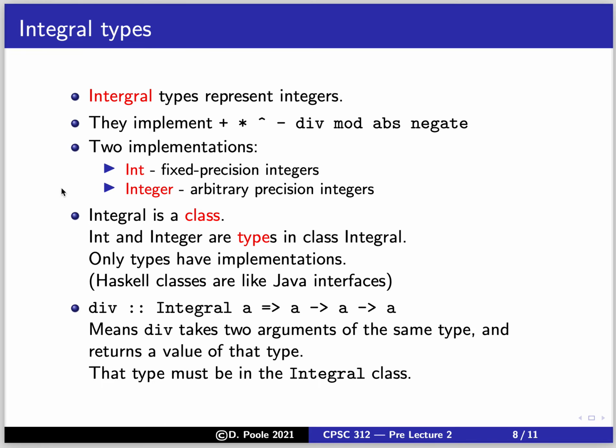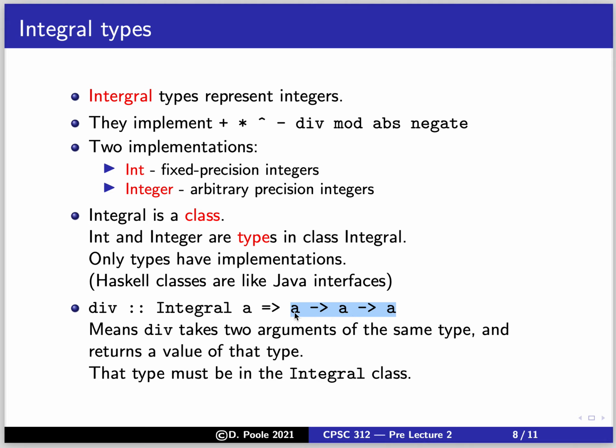Okay, so here's an example of this definition. Here's the definition of div. div is a function that takes two arguments of the same type. The first argument has to be the same type as the second argument, and it returns a value of that type. That's what we just saw before.